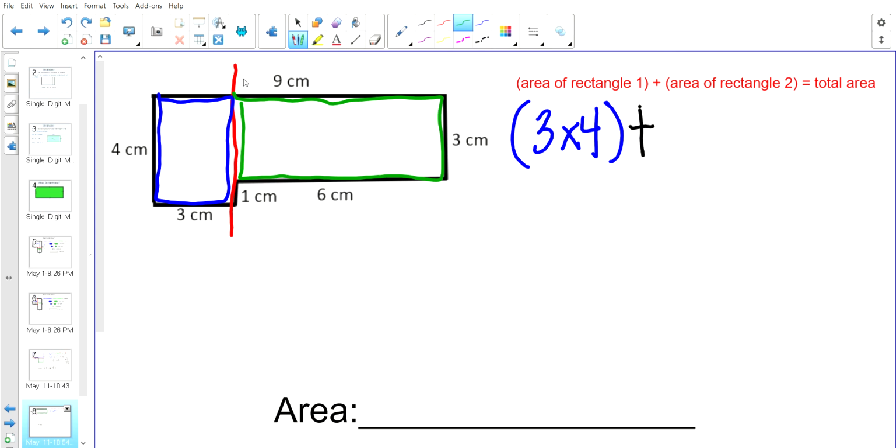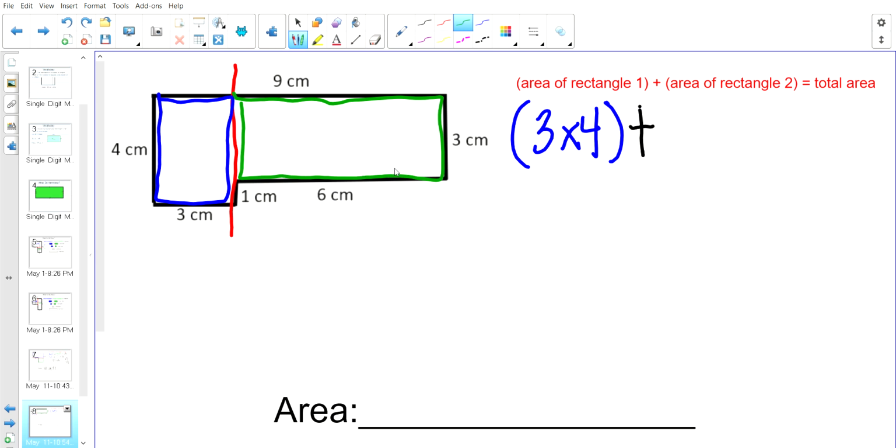Let's use our mathematical reasoning to think about this. I can see that the side labeled 9 centimeters long goes the entire distance from one side of the rectilinear figure all the way to the other side of the rectilinear figure. But the rectangle I'm thinking about, rectangle 2, isn't the full length of the entire rectilinear figure. In fact, it only goes part of the way.